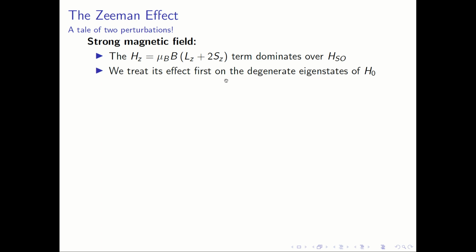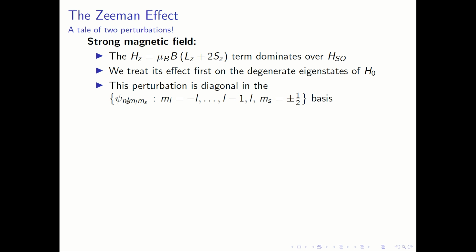So we treat its effect first on the degenerate eigenstates of H0, and if this is the perturbation we are going to treat, then of course we should choose an eigenbasis, if possible, which are already eigenstates of these operators, which means we want to choose an eigenbasis coming from a CSCO where apart from the H, everything else commutes with Lz and Sz, and we already have such an eigenbasis. These are the chi n L m_l m_s states. Remember, L squared, S squared, Lz, Sz are the operators which give rise to this particular eigenbasis, and these operators of course commute with Lz and Sz.